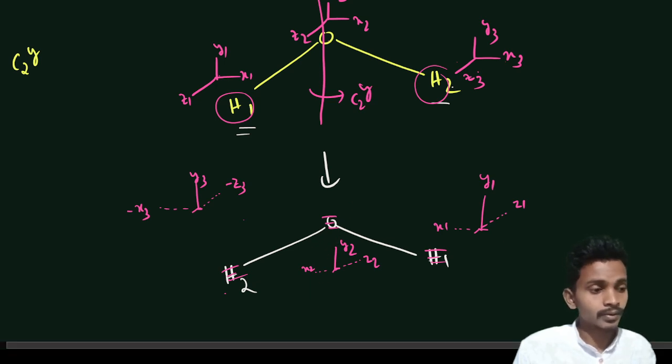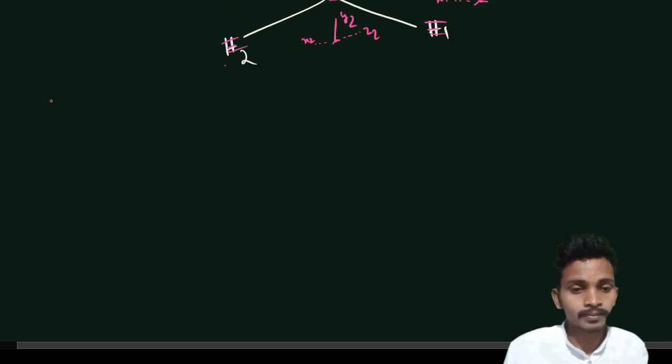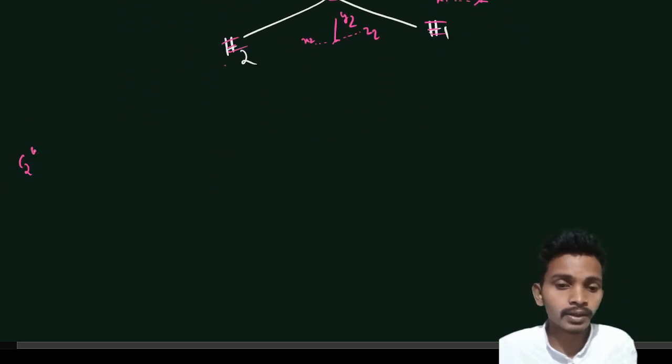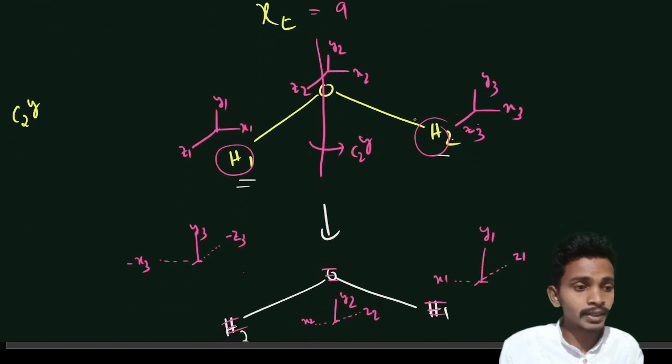Okay, so if you represent it in the group, how will you represent it? So C2y. Previously I was writing x1 y1 z1, but now they get exchanged. This goes here and this goes here.